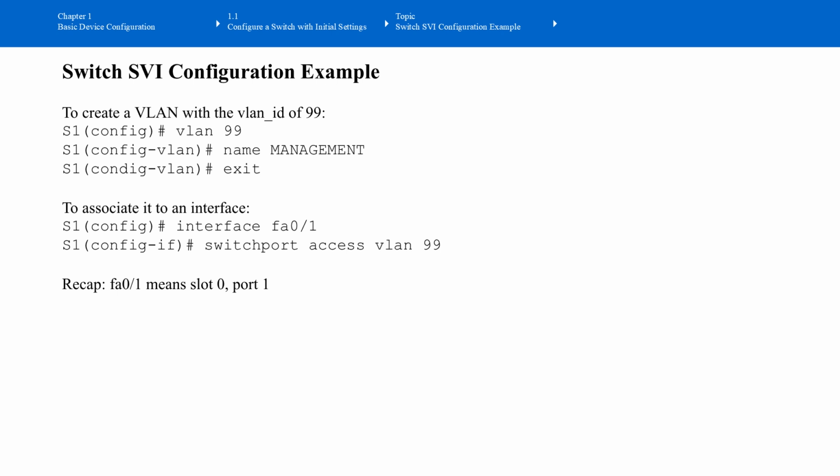Here we use switchport access vlan 99. We are assigning this port to VLAN 99 and hit enter to apply the change. Just to recap, for this particular switch, we only need the interface type and the 2 digits. So FA, that's FastEthernet, and then the first digit 0 is slot 0, and the 1 means port number 1.